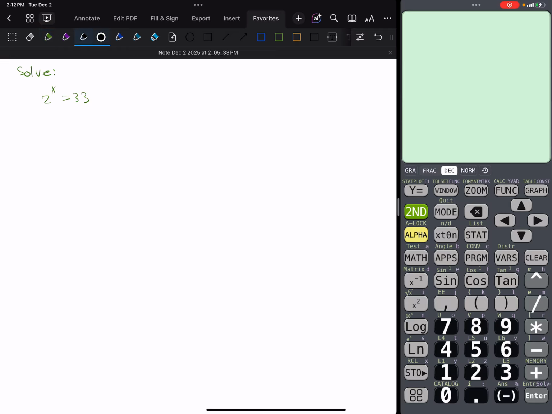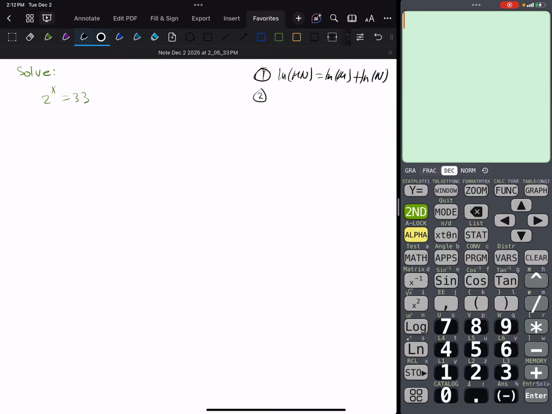I still have those basic three rules from my logarithms, right? I have my arbitrary base log, where I'm multiplying my arguments, and that's the same base log of argument 1 plus the same base log of argument 2. I'm going to use a natural log just because it's easier and quicker to write down.